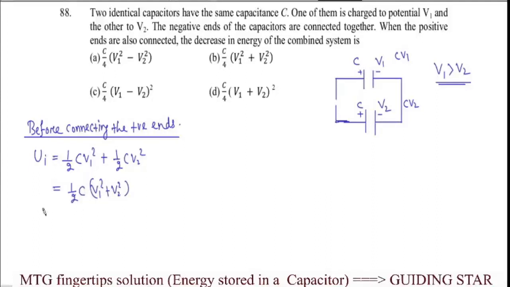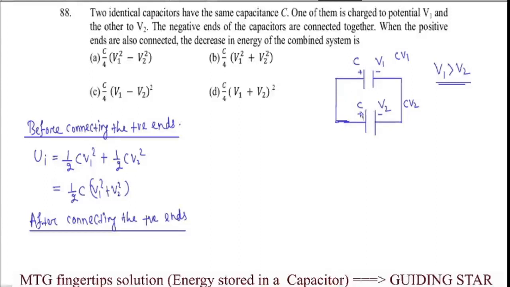And next one, suppose right now what we'll do is the connection of this. Clear? So here in this particular case, if we do the connection over here, that means after connecting the positive ends, what will happen?